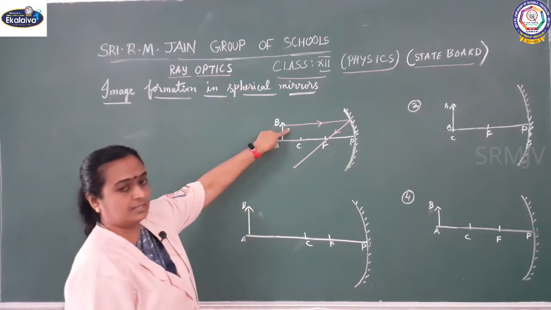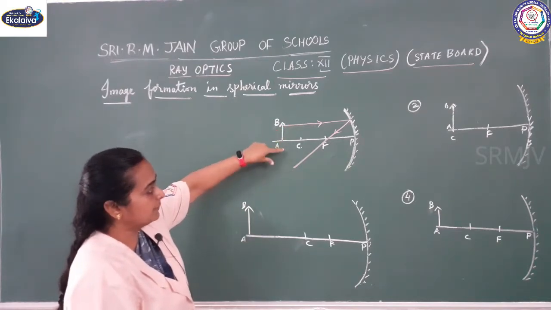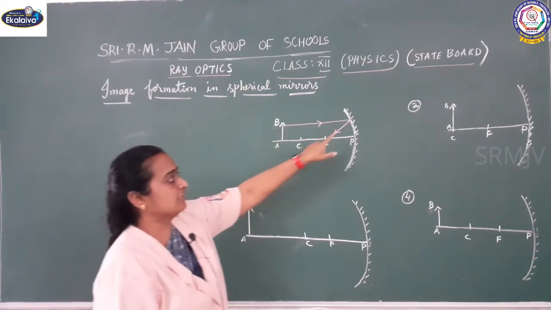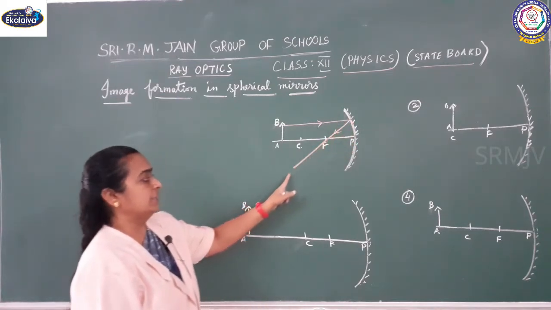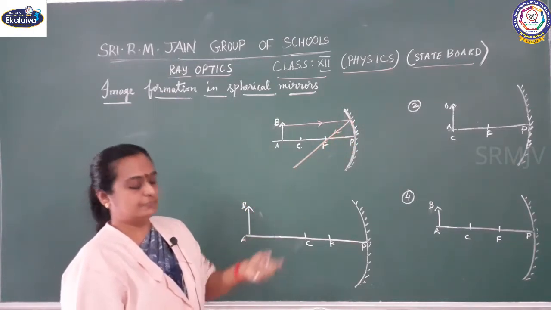Again, a ray parallel to the principal axis, after reflection from the mirror, passes through the principal focus.